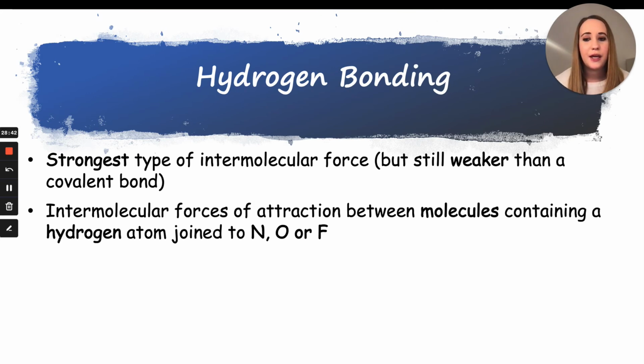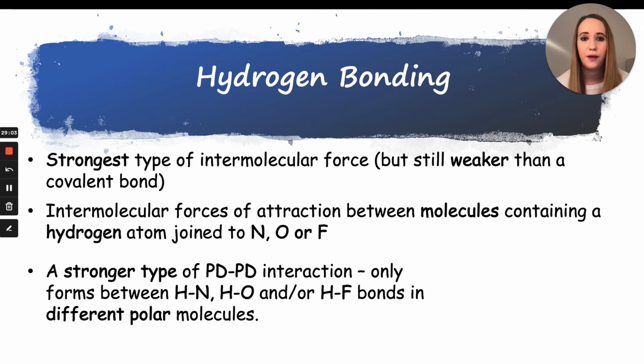Hydrogen bonding is a specific type of PD attraction which forms between molecules that have specific bonds. So your molecule has to contain a hydrogen joined to either a nitrogen, an oxygen, or a fluorine atom. If it does not have that specific kind of bond, it will only have PD if it's a polar molecule.